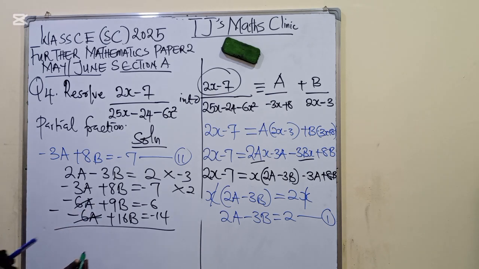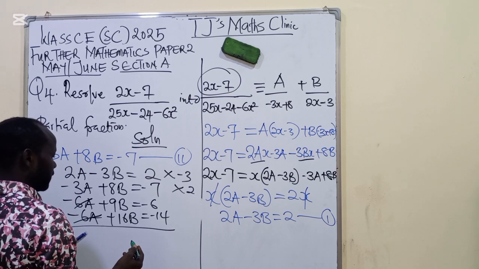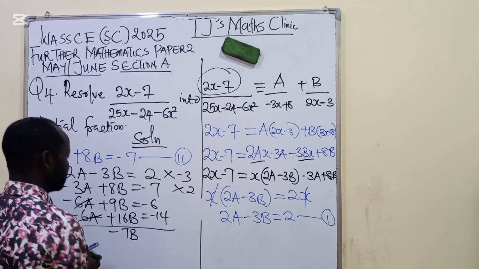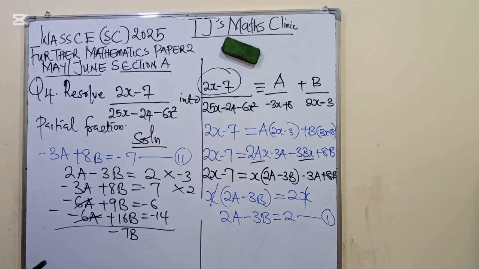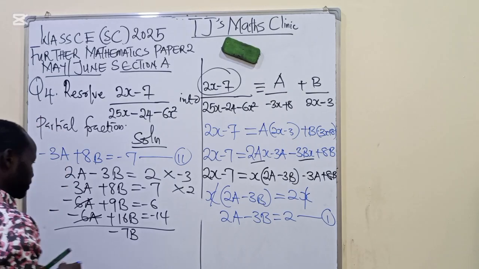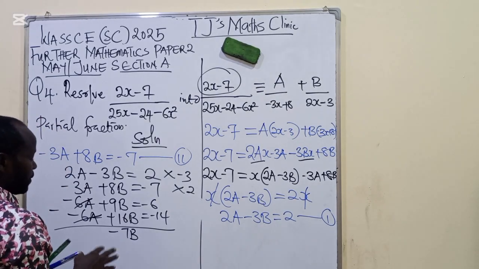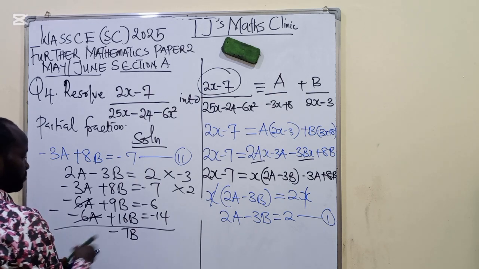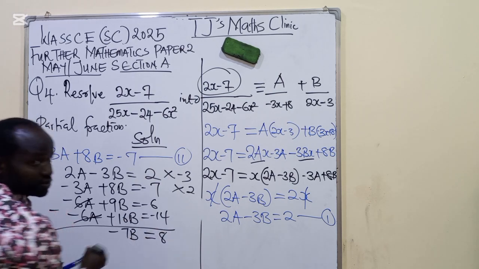Then 9b minus 16b will be minus 7b. Minus 6 minus minus 14 will be plus 8. Very important, because minus times minus is positive. That will be equals to 8.